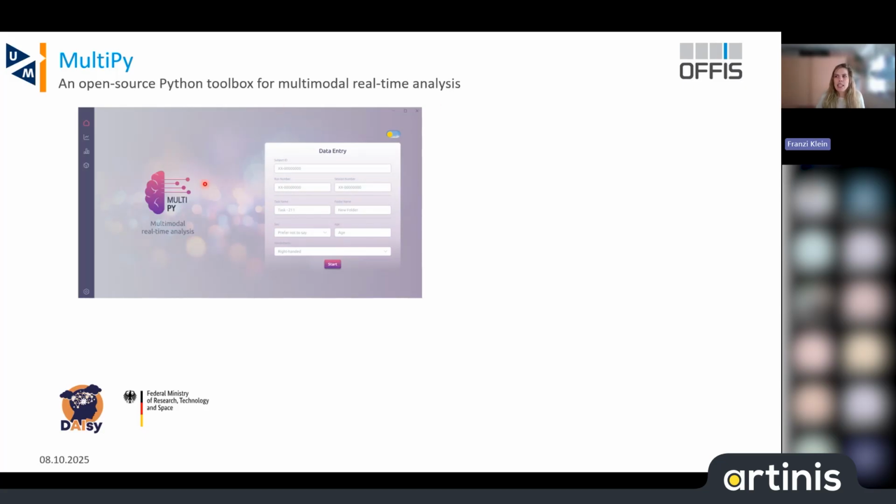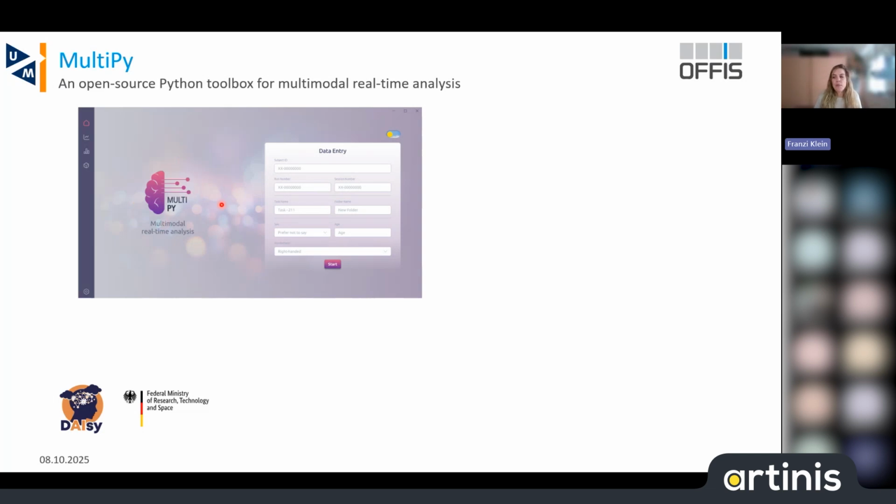Multimodal means in this case that this toolbox is able to analyze fNIRS data and EEG data at the same time. So you can use it for either EEG or fNIRS, or bring them together so that you can also generate multimodal applications. And it's not only about preprocessing. So we have preprocessing parts.